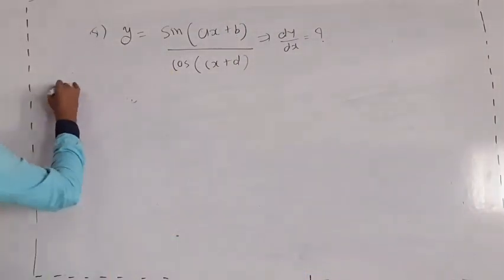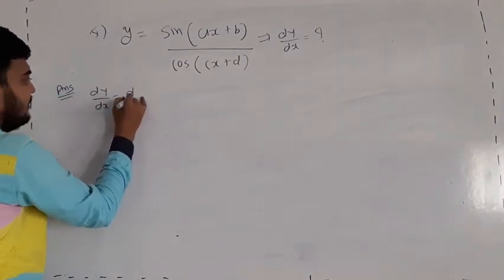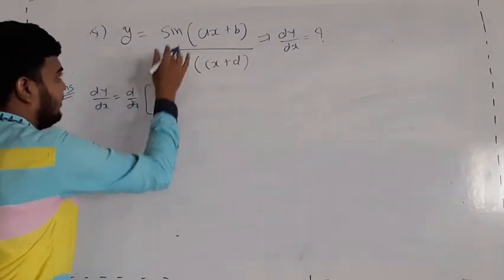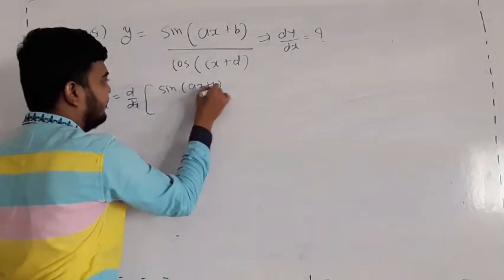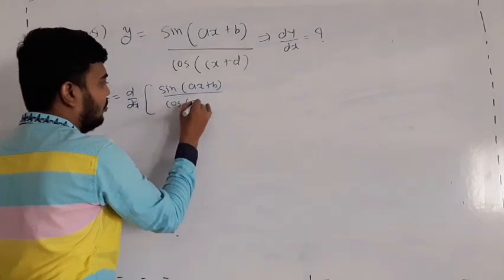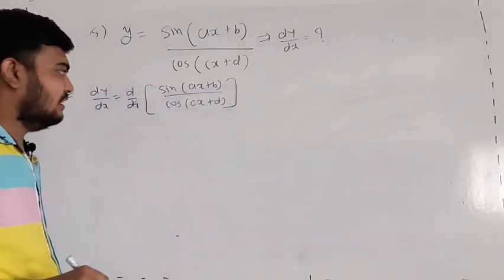So dy by dx is equal to d by dx of y. The value of y is sine of ax plus b upon cos of cx plus d. So what is the division rule?